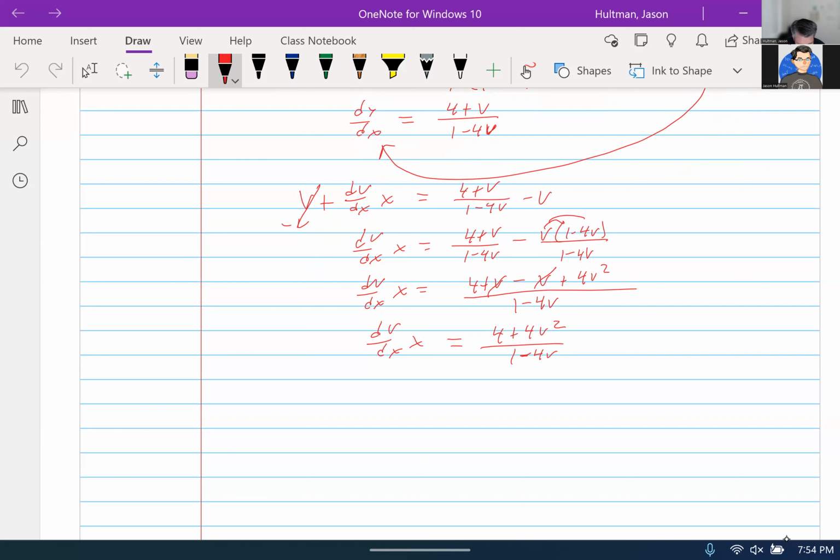Good. Now we're going to create a separable differential equation. We're going to multiply by the reciprocals here, and I'm going to get 1 minus 4v over 4 plus 4v squared dv is equal to 1 over x dx. So just taking the reciprocals and separating out the variables.